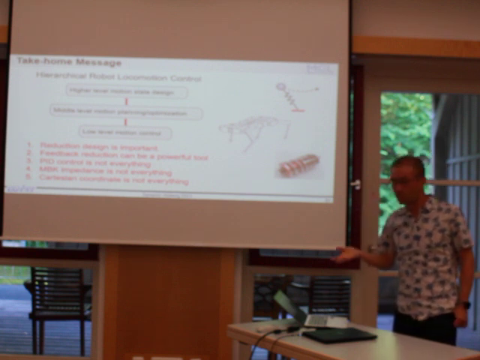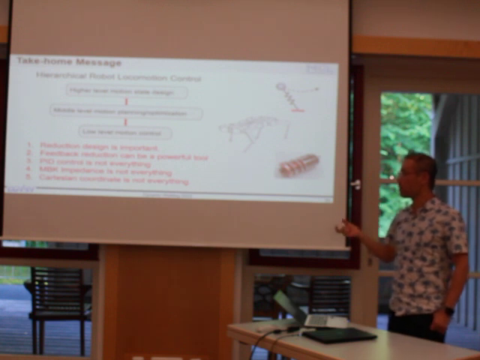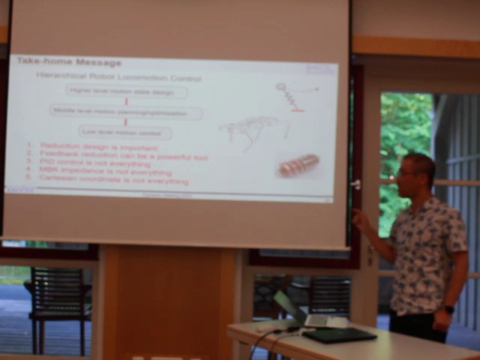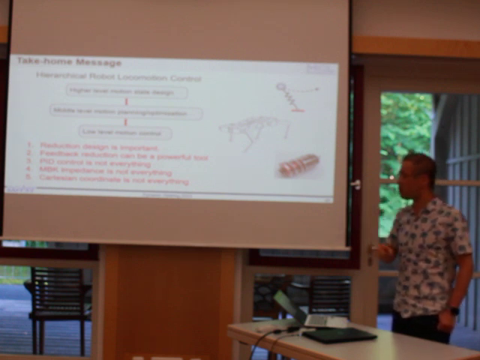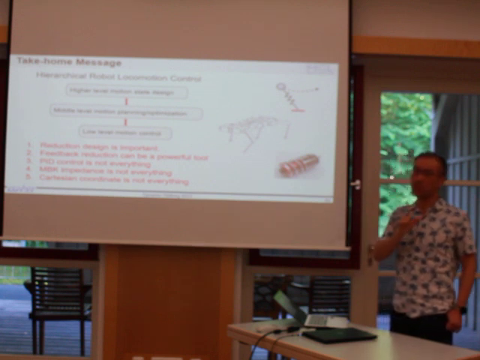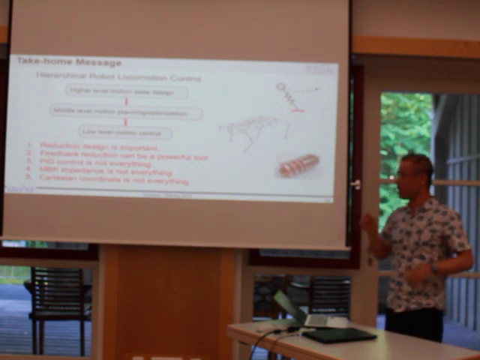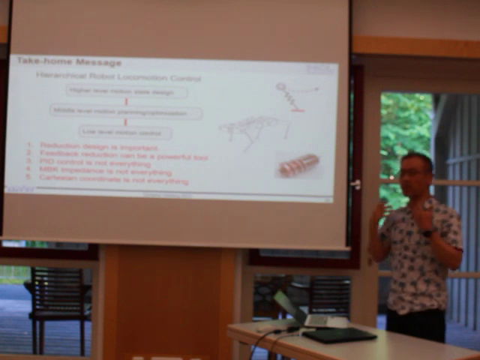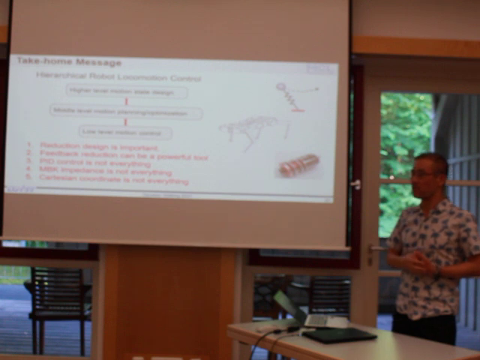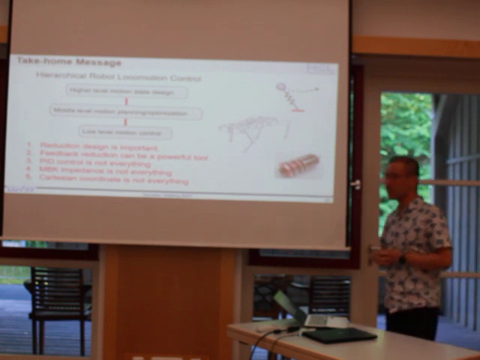There are other controllers, and impedance. So time domain-based impedance design is not everything. You can design impedance in the frequency domain. And the Cartesian coordinate is also not everything you can utilize for taking of states. So I'm not saying feedback control can save the world, but there are many things still to be done by feedback control. And that's the end of it.